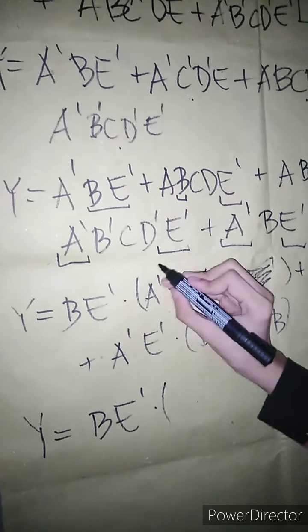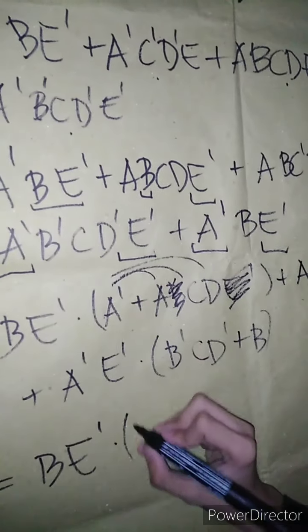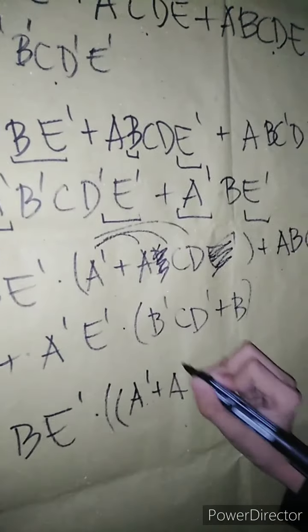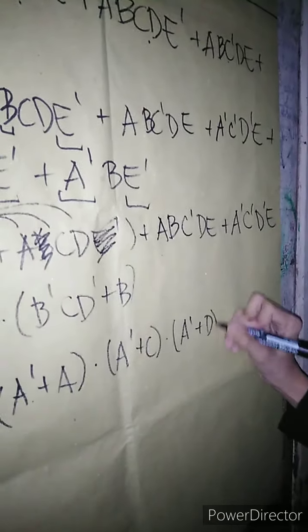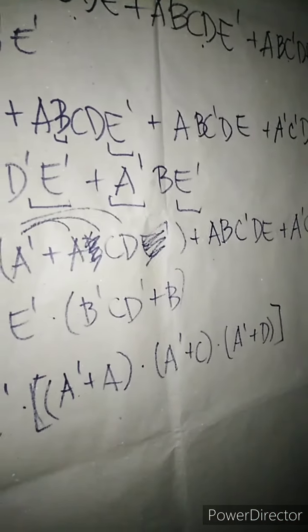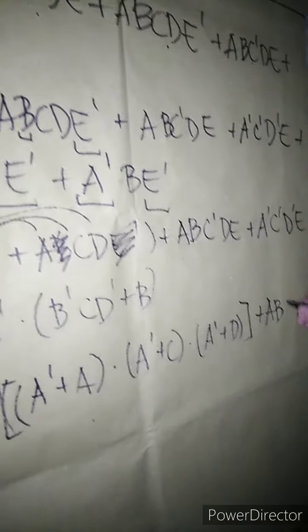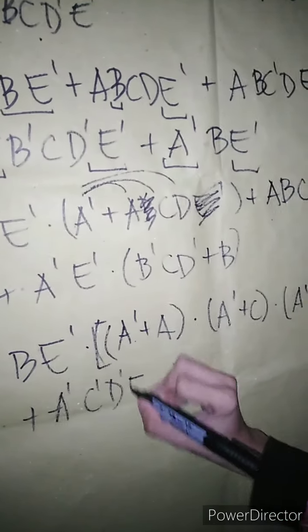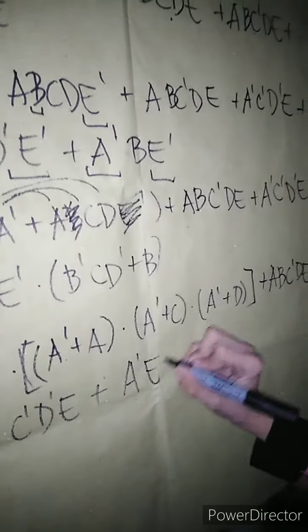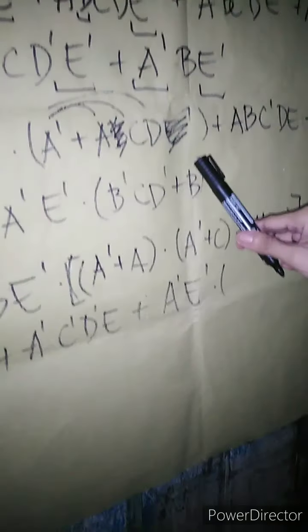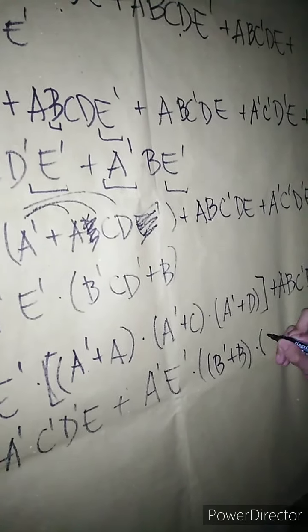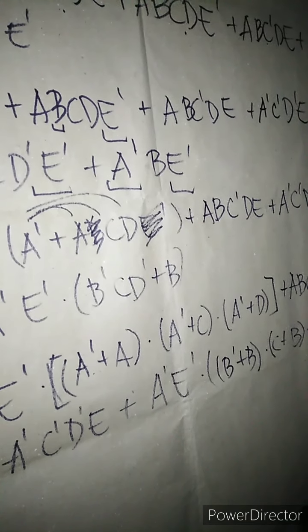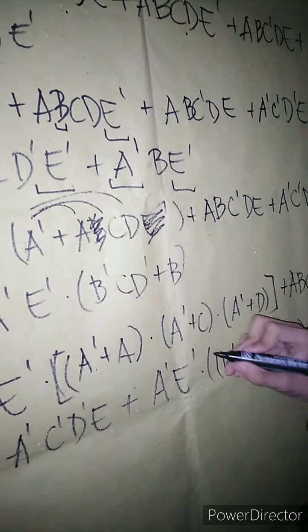We will have distribute, A prime or A, and A prime or C, and A prime or D. Or A, B, C prime, D, E. Or A prime, C prime, D prime, E. Or A prime, E prime, and the quantity of B prime or B, and C or B, and B prime or B.